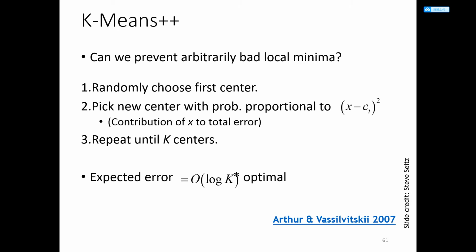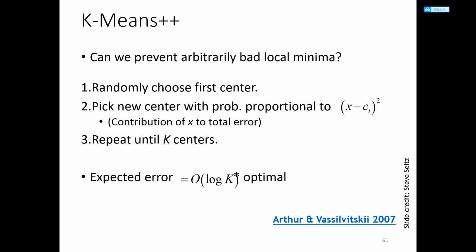And there are some algorithms like K-means plus plus, which is basically just a small modification. In the early version, we didn't specify where we picked the initial k centers.